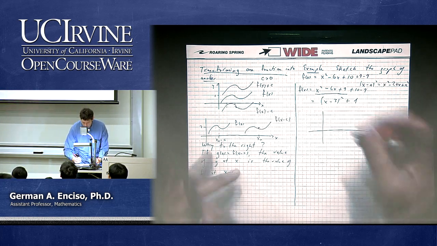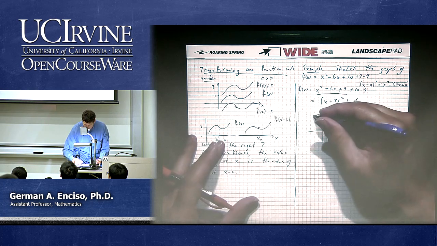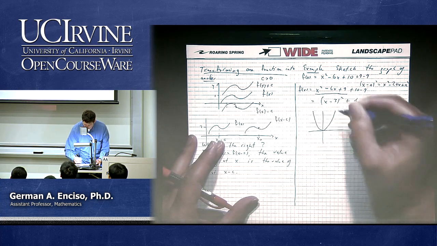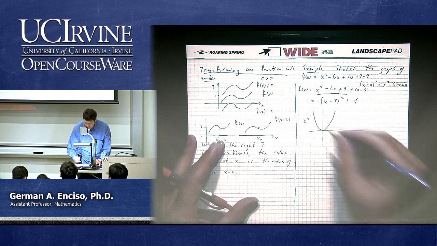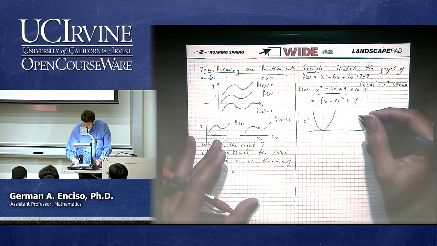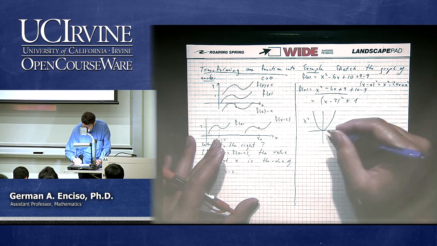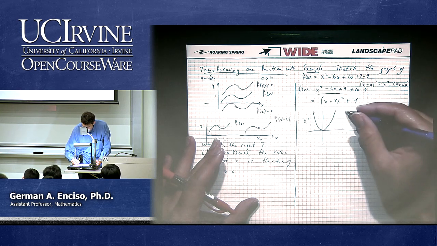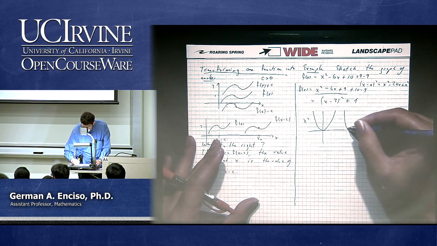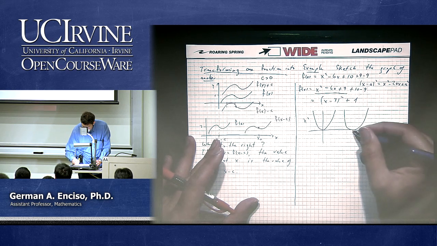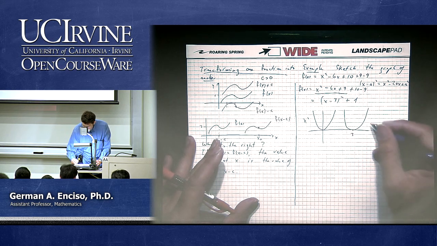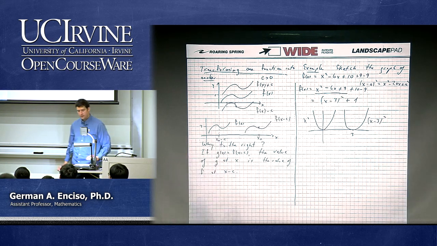So this is the function x squared. Okay? This would be the function, 1, 2, 3, okay? This would be the function x minus 3 squared.